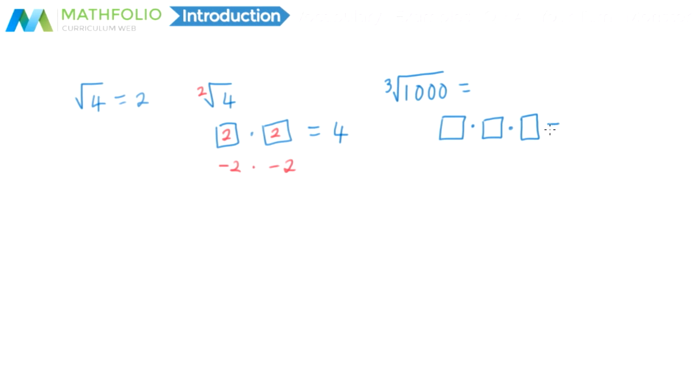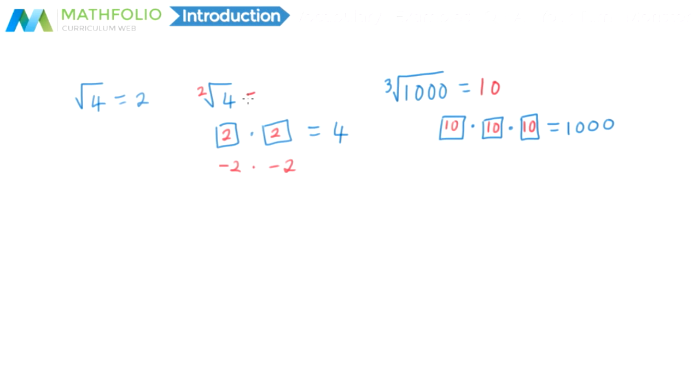What times what times what gives us the 1000 back? In this case, it's a nice number, so we can think that this is 10 times 10 times 10. And so the cube root of 1000 is going to be 10.